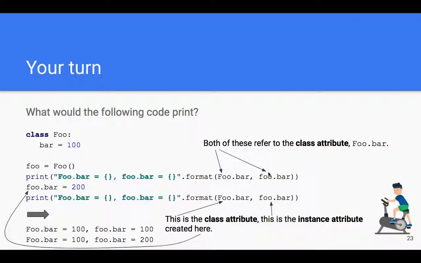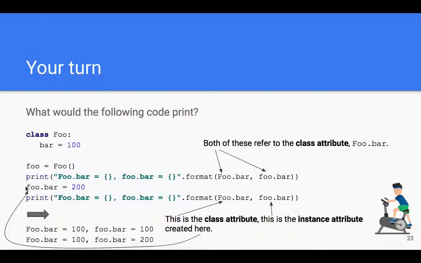Because when Python looks up the bar attribute on the instance, it couldn't find it because it has not been created, so it looks to the class and finds the class attribute bar.